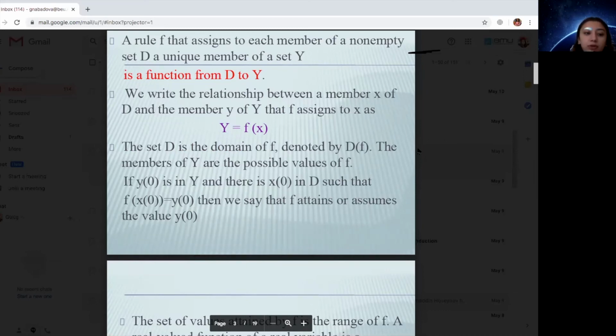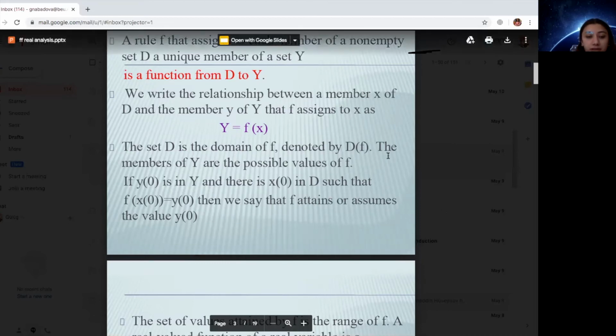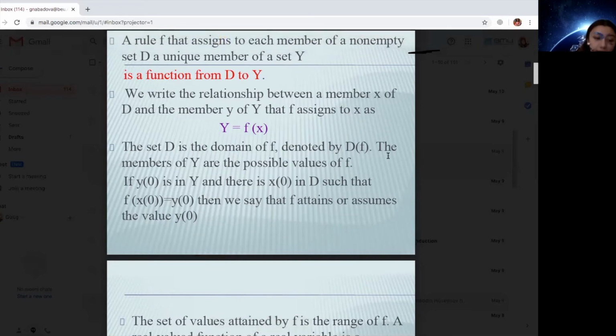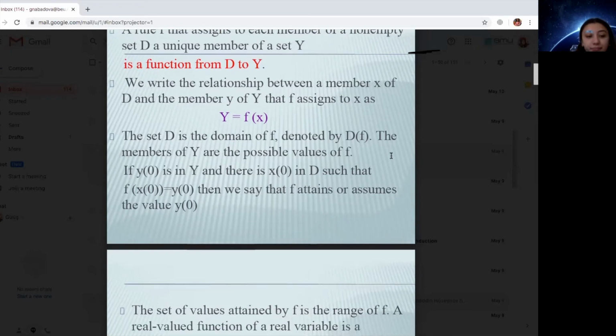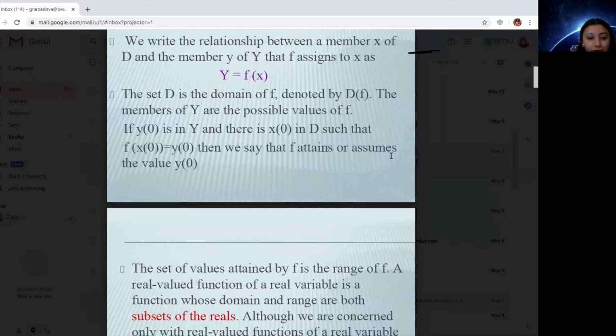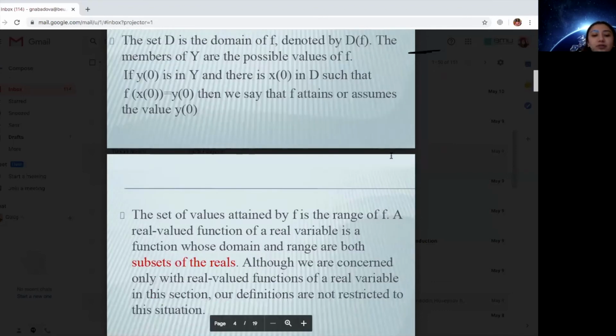The members of Y are the possible values of f. So we can say that the possible values of y are its range. Okay, then the set of values attained by f is the range of f.